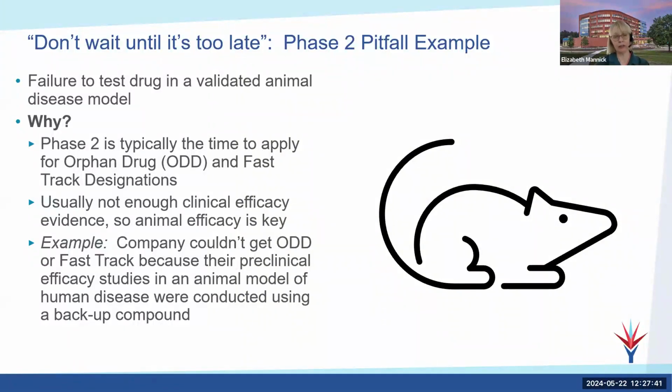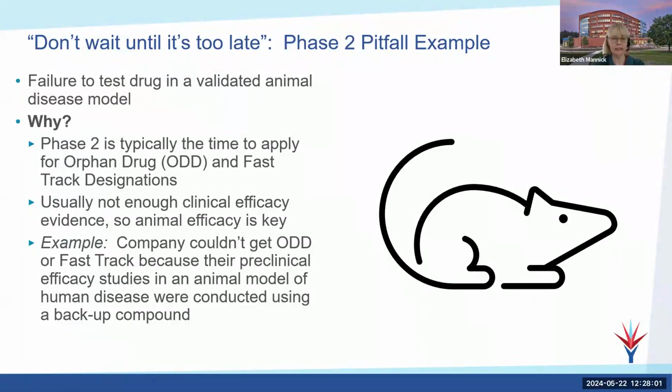And fast track, although not quite as advantageous, is important to your investors. So usually you don't have enough clinical evidence in humans early in phase 2 to get either one of these. So animal efficacy is key.